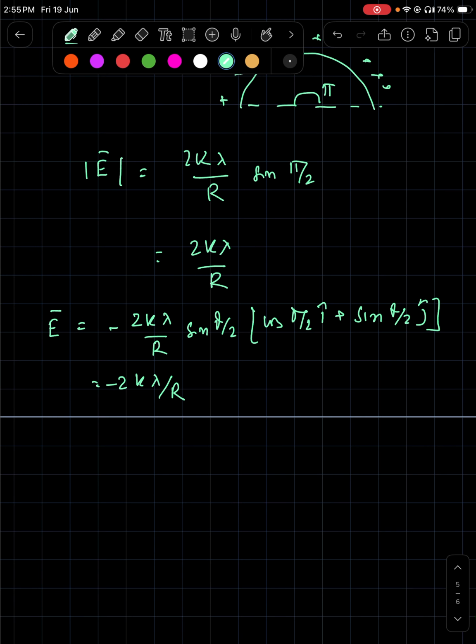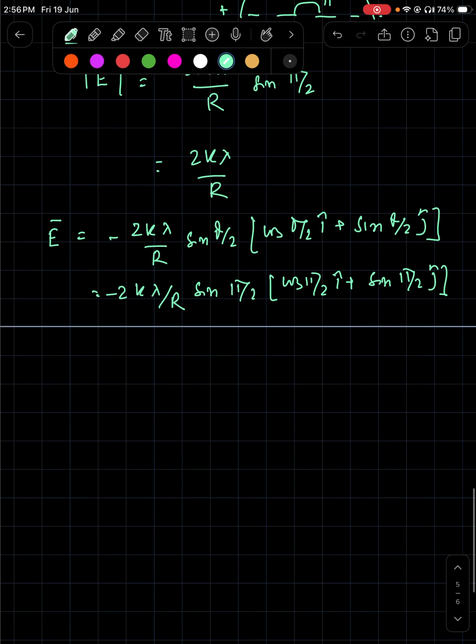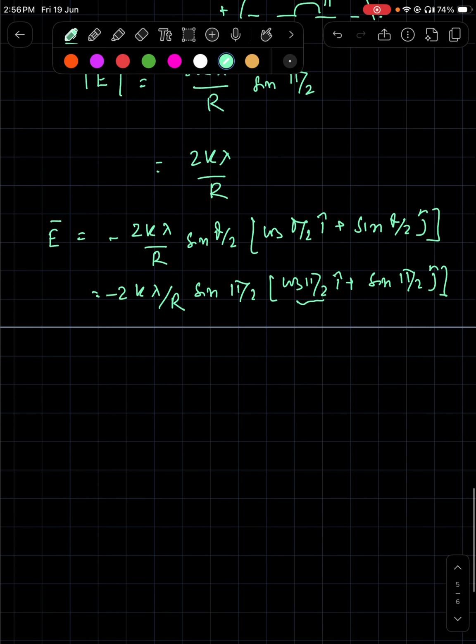The expression is telling me this theta is now pi, so that is sine pi by 2 cos pi by 2 i cap plus sine pi by 2 j cap. Cos pi by 2 i cap is 0, because cos pi by 2 itself is 0.